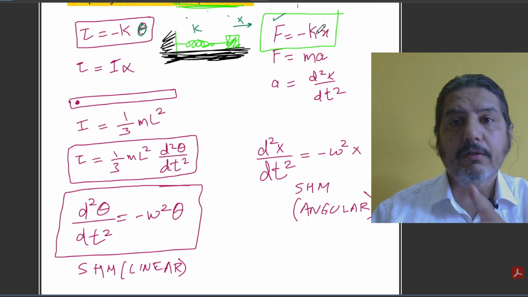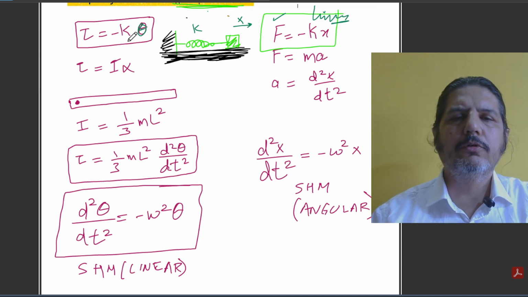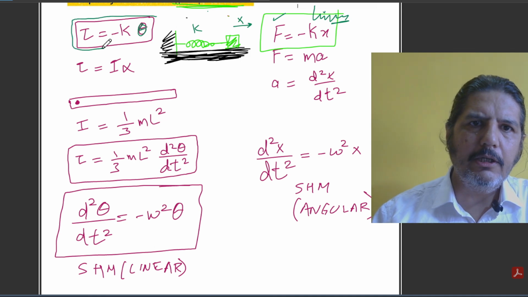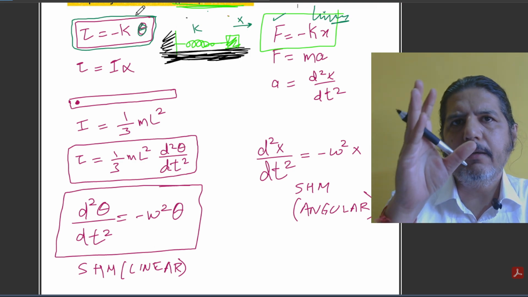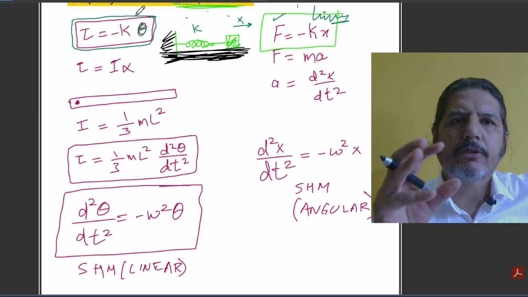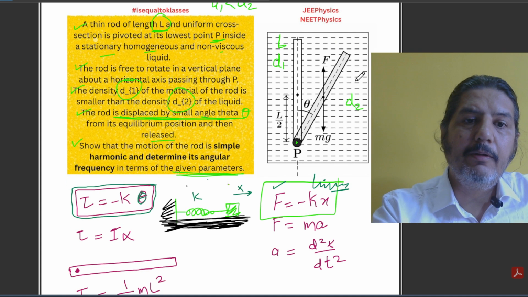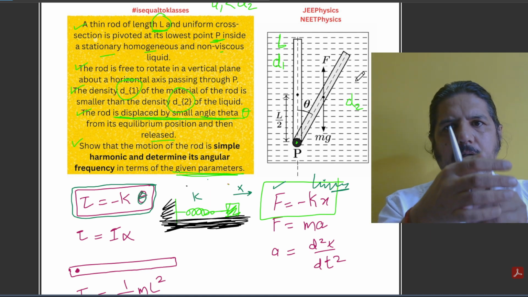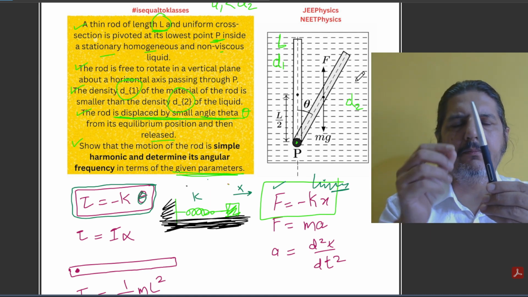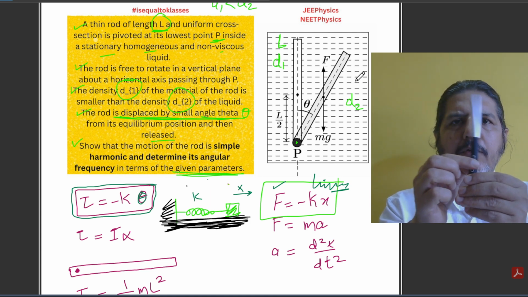Now this is the linear part. Its angular part looks like this: tau is equal to minus k theta. Why I'm introducing this equation is that when I'm analyzing the forces and I am able to show that the torque of this system can be put in the form of torque is equal to minus k theta, then I'll understand that this wooden stick, which I've taken, will be doing a SHM.